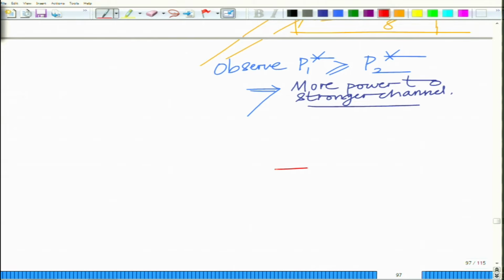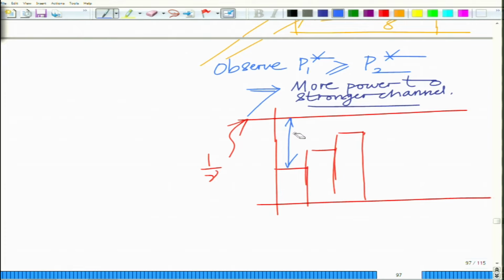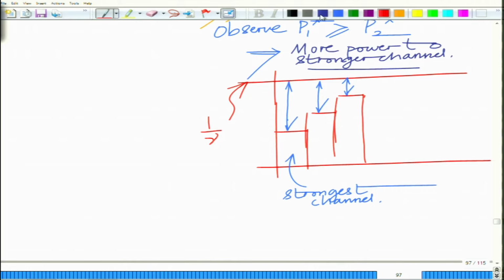For instance, if you remember our water filling algorithm, you have these different bars, correct, and the water level indicates the power. So, if this is the level, this is 1 over nu, the power. So, this is the power. And this is the strongest channel. And what you see, which is indeed true, is that more power is allocated because the corresponding bar is smaller.